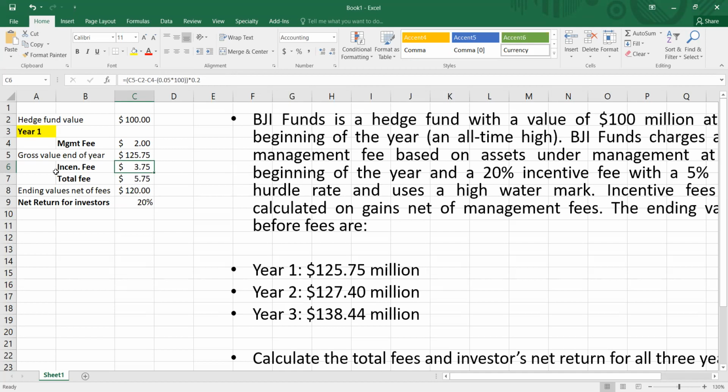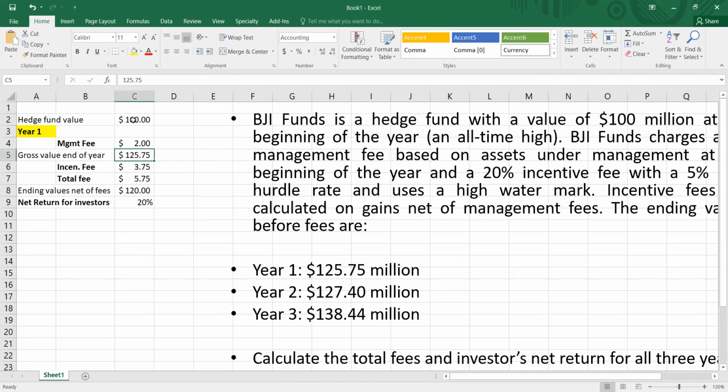Okay, and by the way, this is at the same time a high watermark. So what is the high watermark? High watermark is the highest value that an investment fund or account has ever reached.